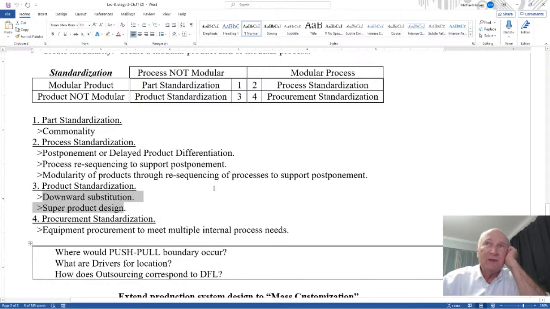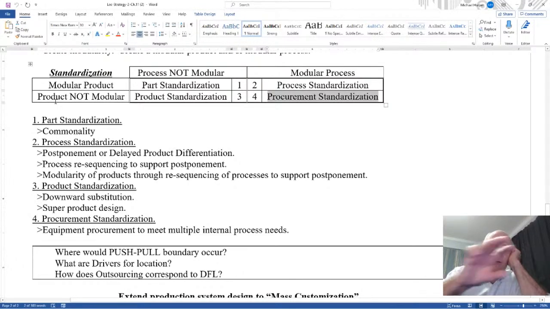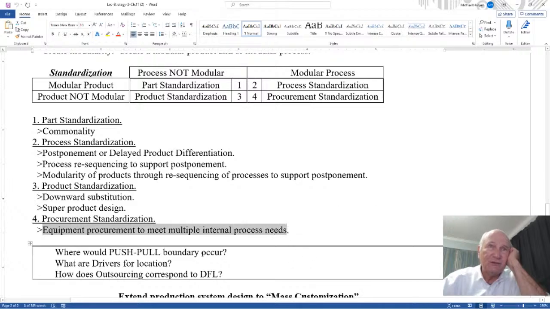And finally, when you have a procurement down here, let's say the product is not modular, but the process is modular. So when you're making different products, but you have a modular process, then you can have equipment procurement to meet multiple internal process needs. So you have something called procurement standardization.